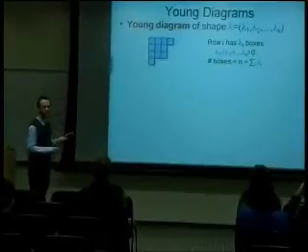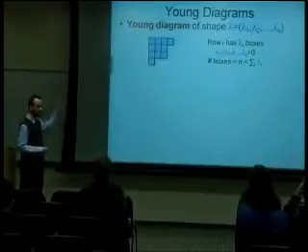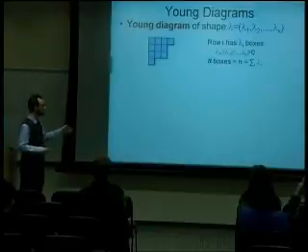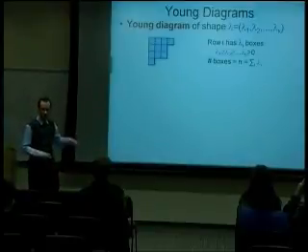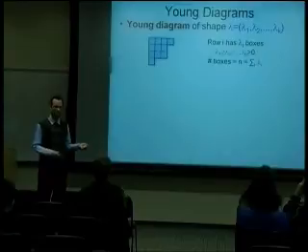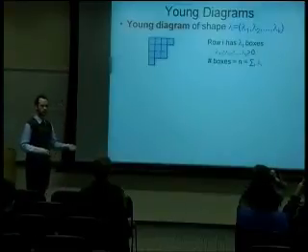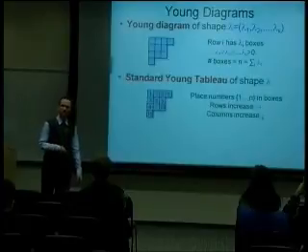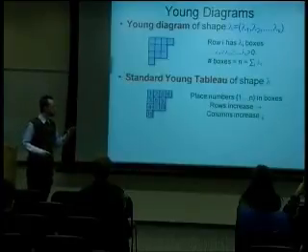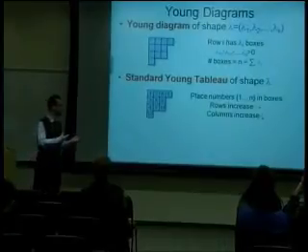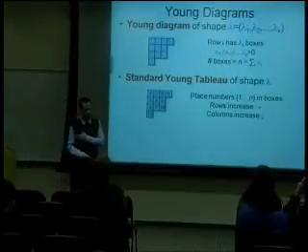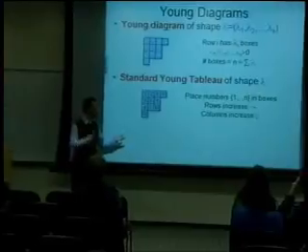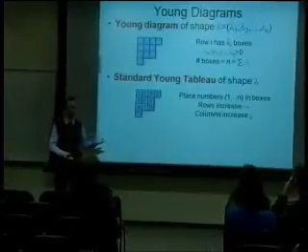Then a Young diagram is simply a drawing of boxes in the plane, left aligned, such that row i has exactly lambda sub i boxes. And the total number of boxes, let's call that n. Next, a standard Young tableau is simply a bijection of the integers 1 to n into these boxes, such that the rows increase from left to right, and the columns increase from top to bottom.